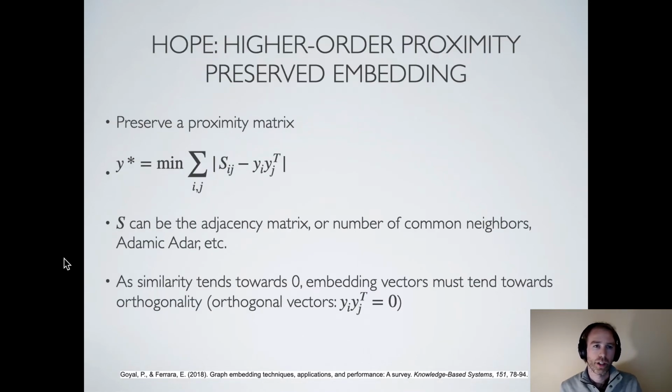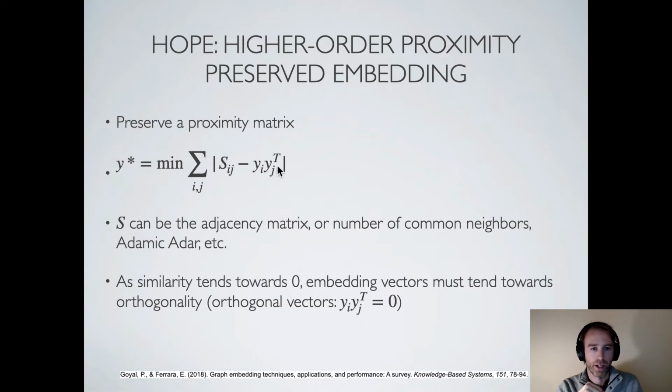So here is a second example of embeddings. It's an algorithm called HOPE, for High-Order Proximity preserved Embedding. We can still define it as an objective function, but this time it is different. You still have the similarity matrix S, but instead of subtracting the vectors of nodes in the embeddings, you will multiply a vector by the transpose of the other.